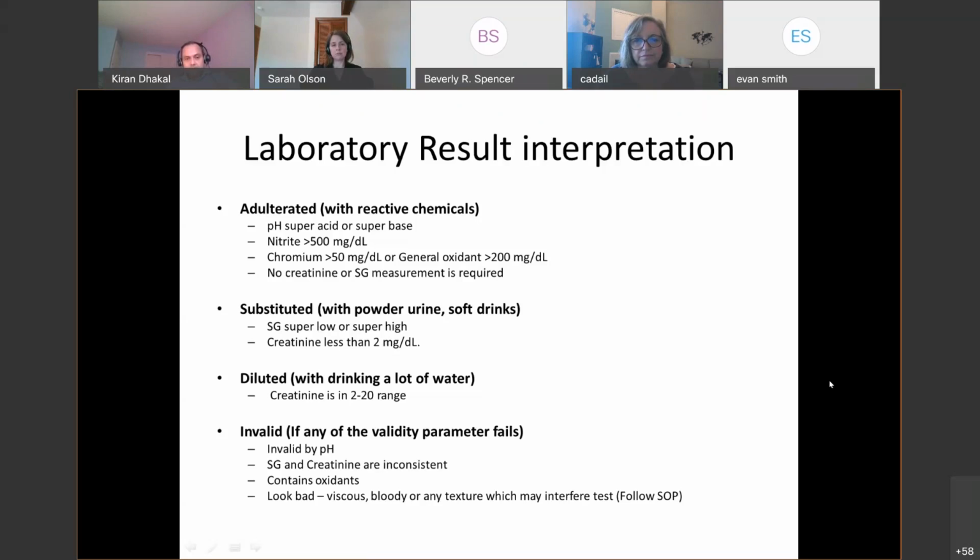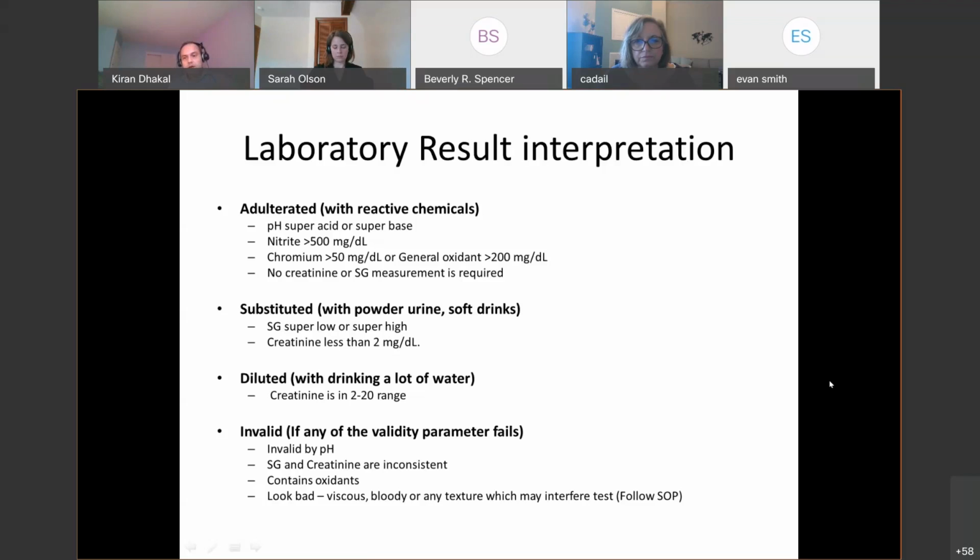We classify the urine specimen as substituted if specific gravity is super low or super high, or creatinine is less than 2 milligram per deciliter. We report the urine specimen as diluted if creatinine concentration is around 2 to 20 milligram per deciliter.